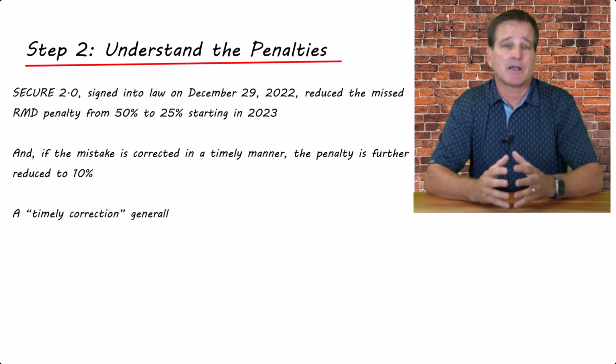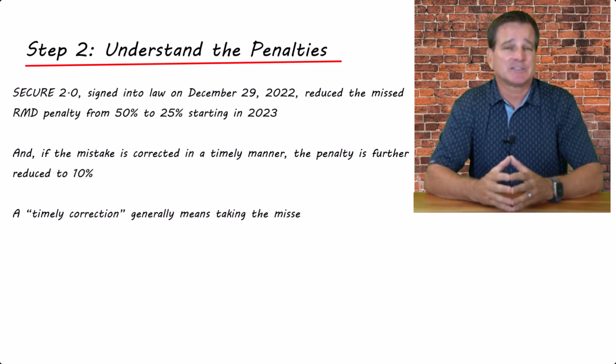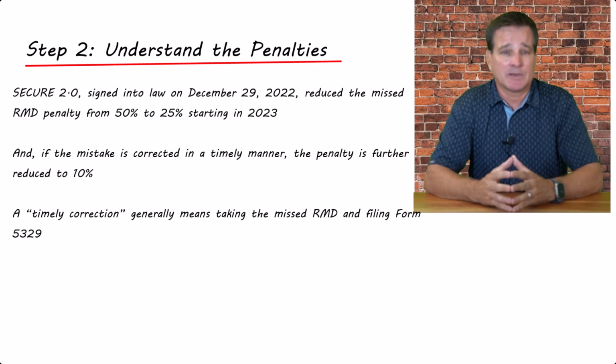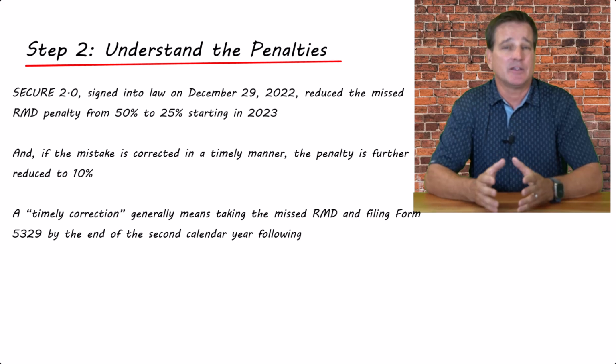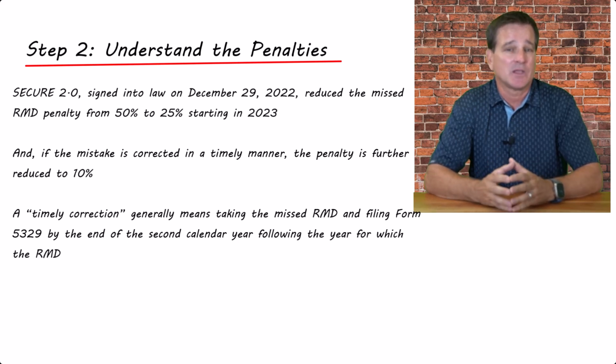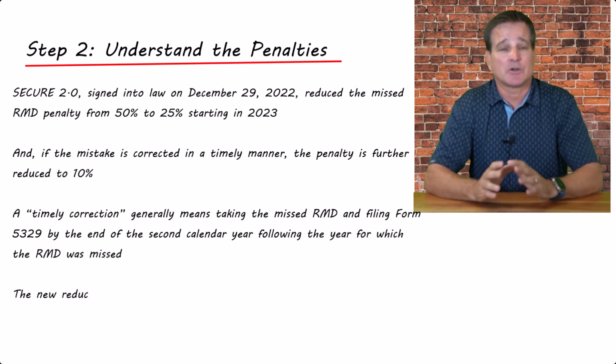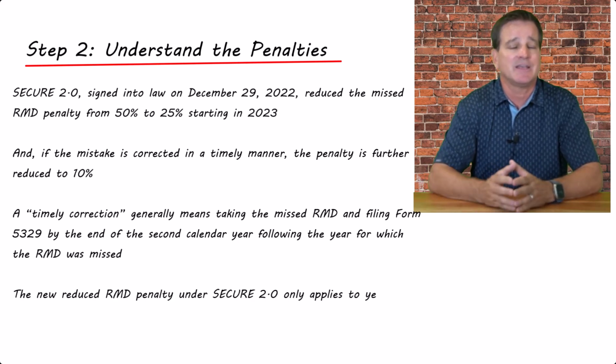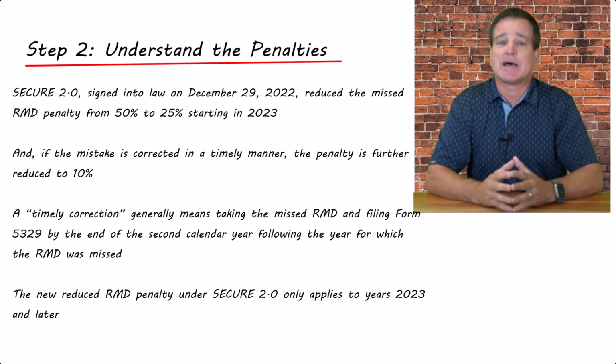What's a timely correction? Well, a timely correction is filing Form 5329 by the end of the 2nd calendar year following the year for the missed RMD. Special note, the new reduced RMD penalty under the Secure Act only applies to 2023 and later. So let's keep that in mind.